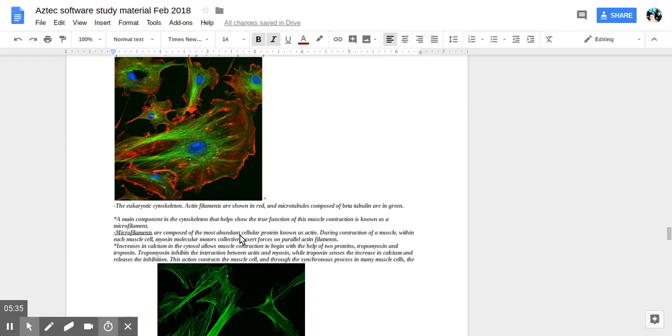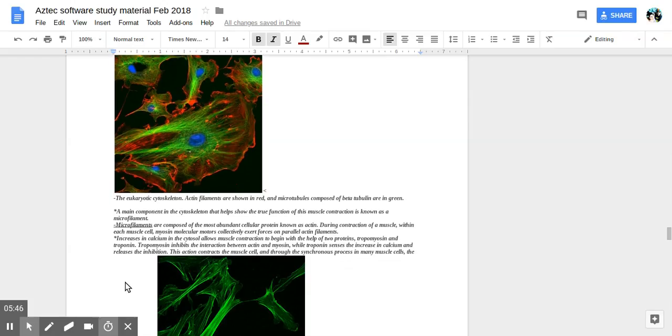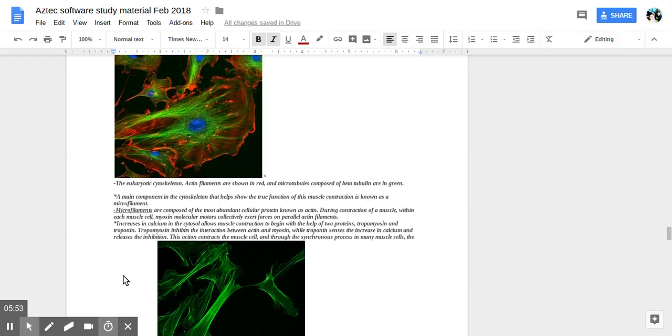Increases in calcium in the cytosol allow muscle contraction to begin with the help of two proteins, tropomyosin and troponin. Tropomyosin inhibits interaction between actin and myosin, while troponin senses the increase in calcium and releases the inhibition. This action contracts the cell.